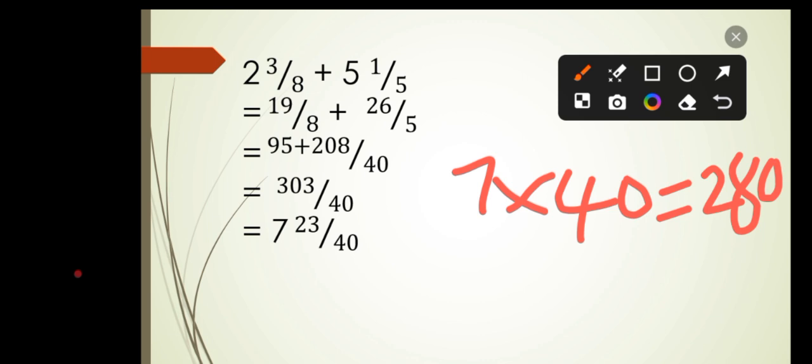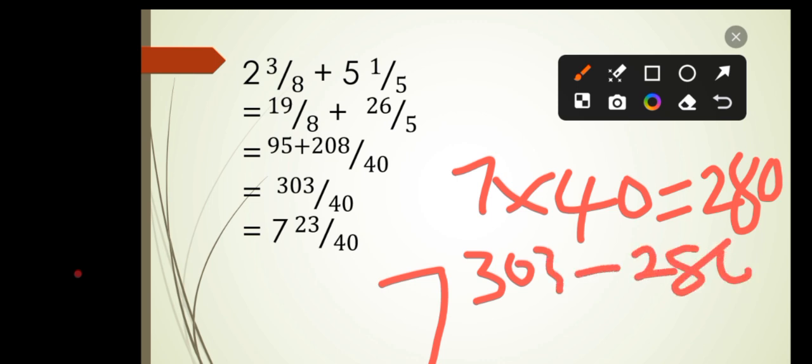So what do we do now? What is left? 40 will go into 303 7 times, so we put down 7. So 303 minus 280 over this 40.